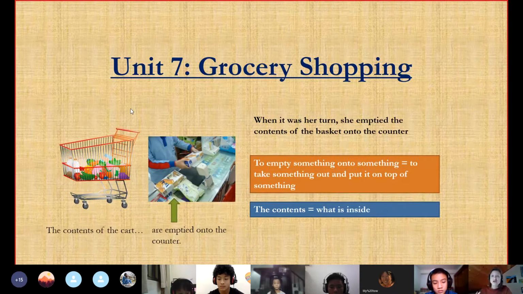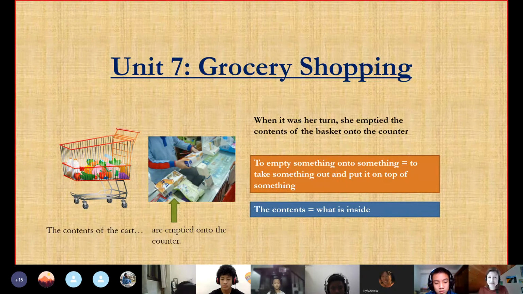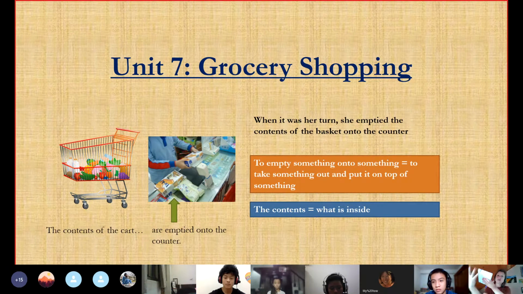So what Jenny did, she took the contents of her basket and she emptied them onto the counter. So you can think of it as really just taking something and emptying it so that it all just falls out.